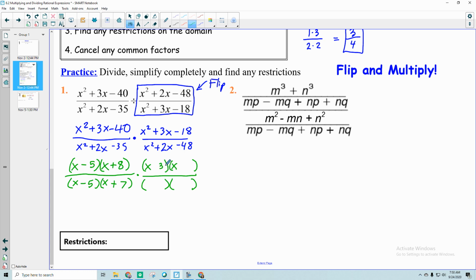Okay, next one, I'll be using the numbers 3 and 6 to multiply to make -18. 6 is positive, 3 is negative. And then for the very last one, I know that 6 multiplied by 8 gives me 48, and 8 is positive, 6 is negative.